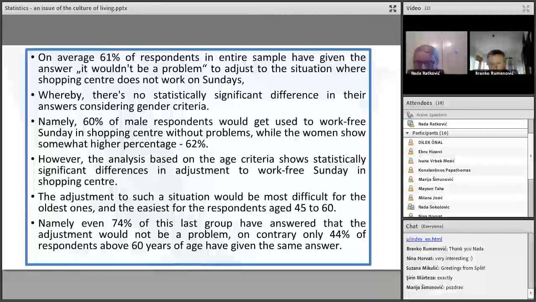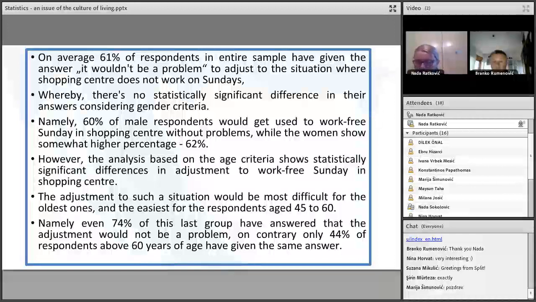Here I will show the results. 61% of respondents have given the answer it wouldn't be a problem. 60% of men said they would get used to work-free Sunday in shopping centers without problems.